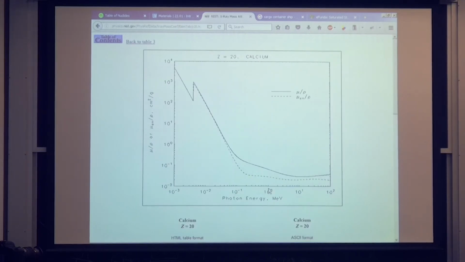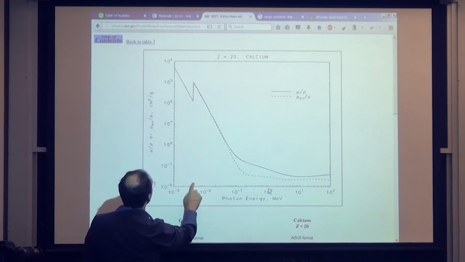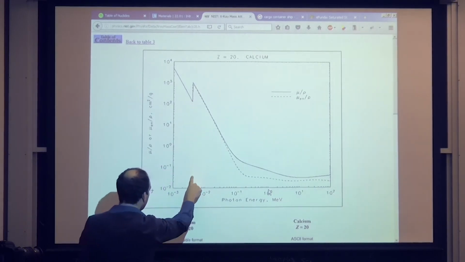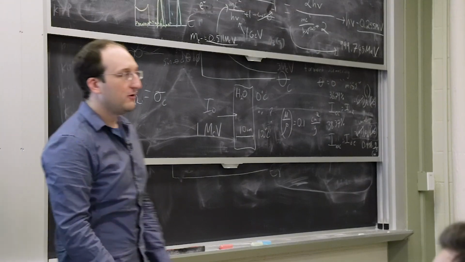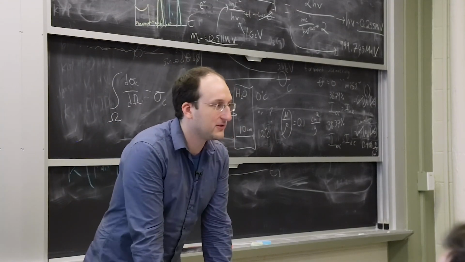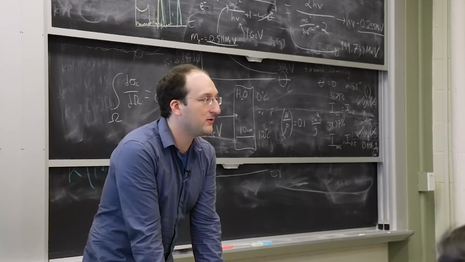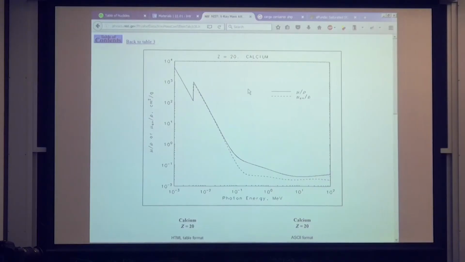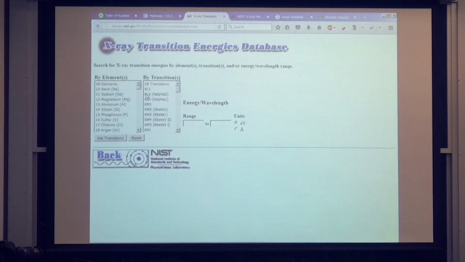For a simple example, calcium has got this jagged edge right here, and if we draw a line down, it is precisely 4 keV. 4 keV, I bet, is going to be the K-edge energy, the energy of the most inner bound calcium electron. To find out, we can go to the other NIST page that I linked you guys to, the NIST X-ray transition energy table. And let's look at calcium.